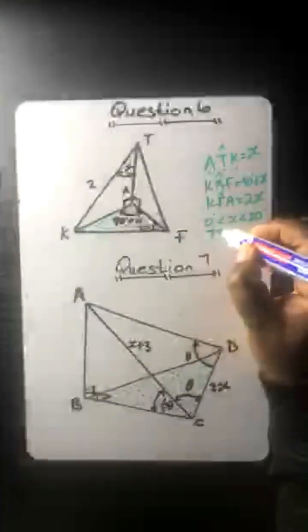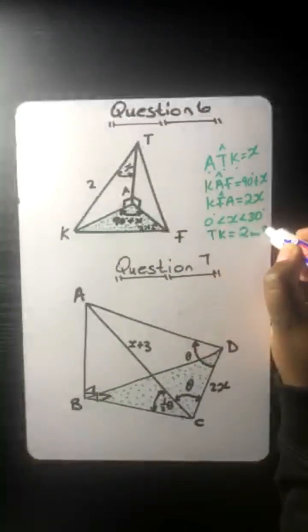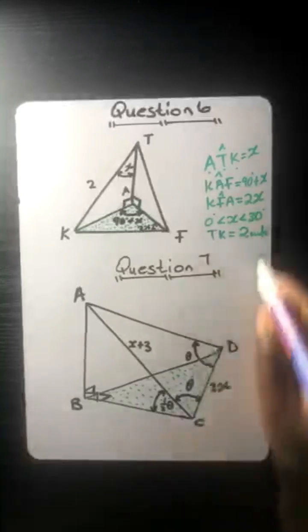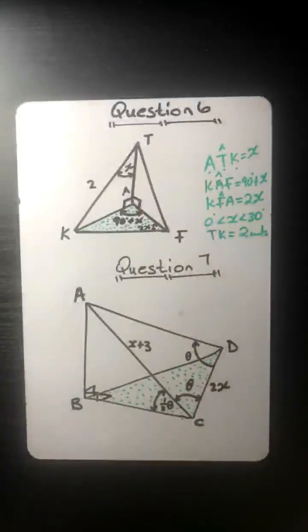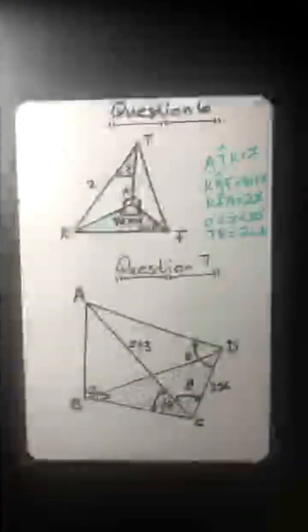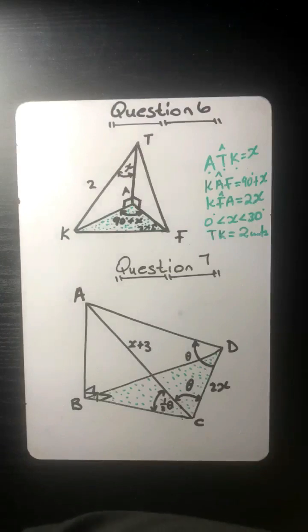And most importantly, they say TK equals 2 units. In this case they haven't specified whether these dimensions are in millimeters, meters, centimeters, or kilometers. But where's TK? Oh, there is T, there is K. I think the information that is given makes sense.